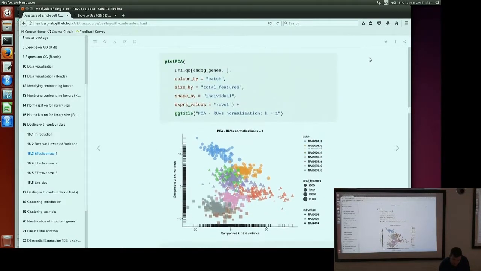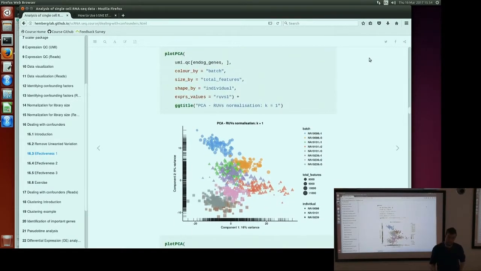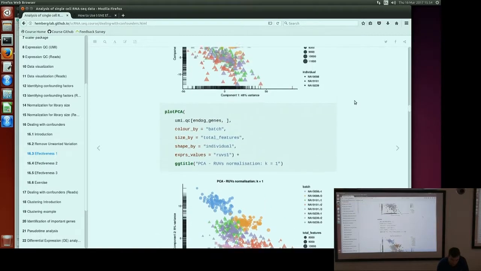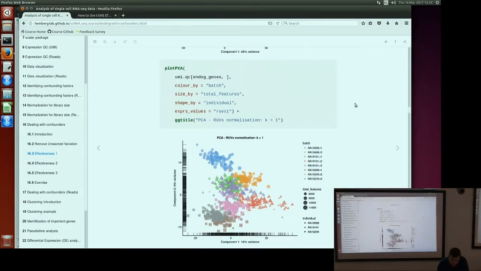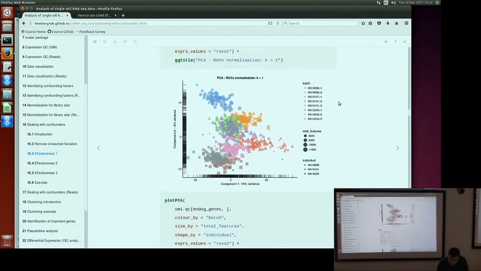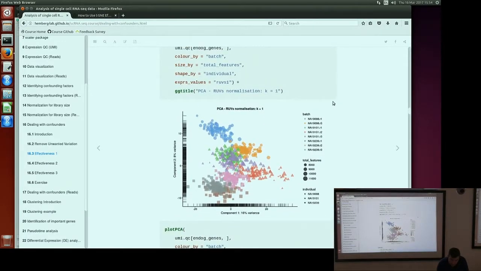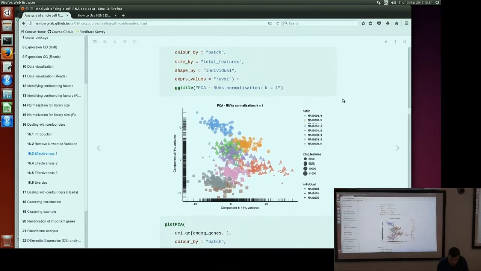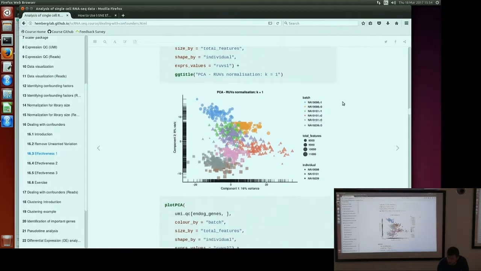If we compare that to RUVs, then RUVs seems to be doing a better job on the normalized counts. We here definitely have better separation of cells from different individuals. It's slightly improved. Yes, there is some separation of the replicates, which is not particularly what we want.